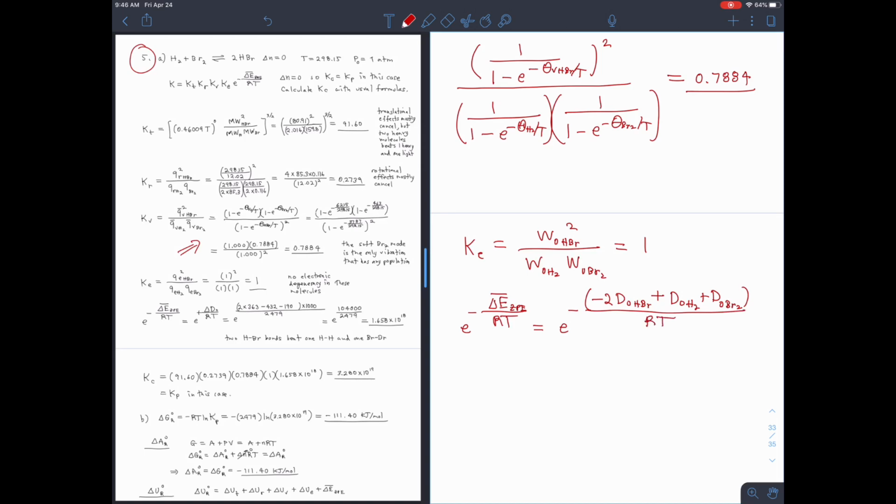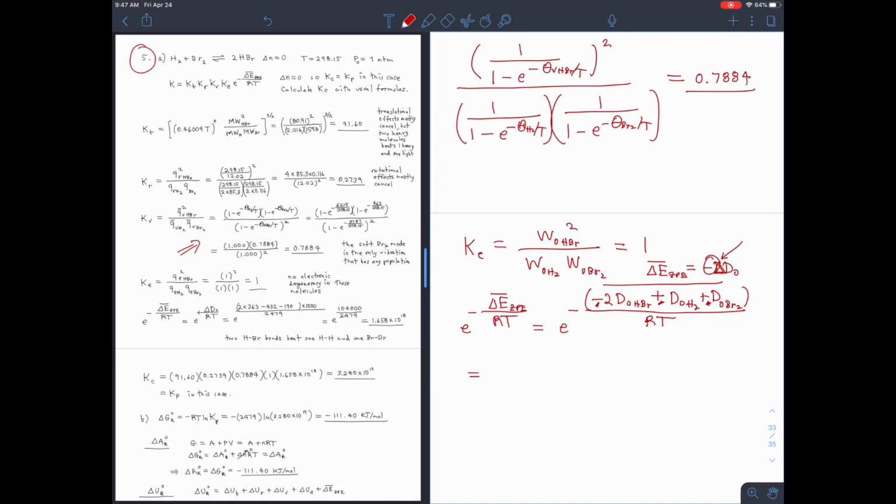Notice that there's a minus sign on all of this, right? Delta E ZPE is equal to minus delta D0, where the delta here indicates a products minus reactants difference. And so that's why there's a minus here, a plus here, and a plus here, rather than the usual thing, which would be a plus here, a minus here, and a minus here. It's that minus sign right there.